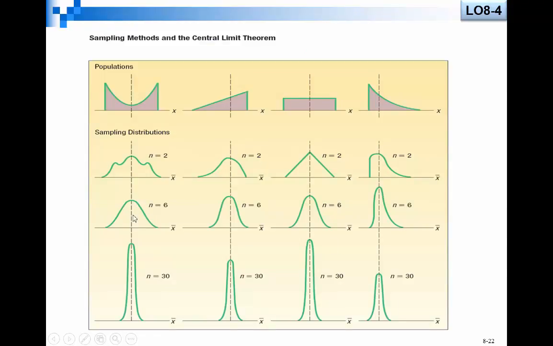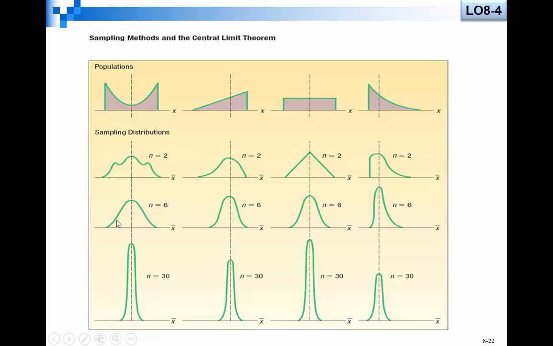A symmetrical curve. What are the other characteristics of a symmetrical curve? Well, no skew. The mean equals the median equals the mode, regardless of what the dispersion is, right? If we have scores that are very close together, it will be a very steep curve.